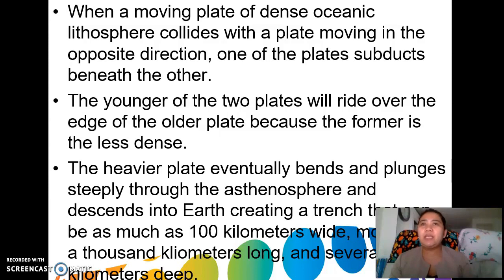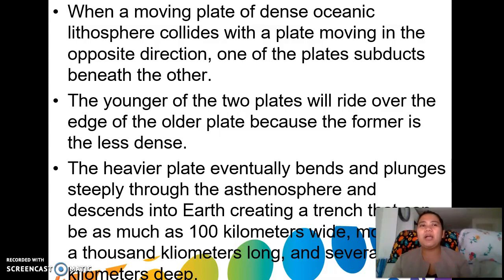With the plates moving in opposite directions, one subducts beneath the other. The younger of the two plates, the lighter one, will ride over the edge of the older plate because the former is less dense.